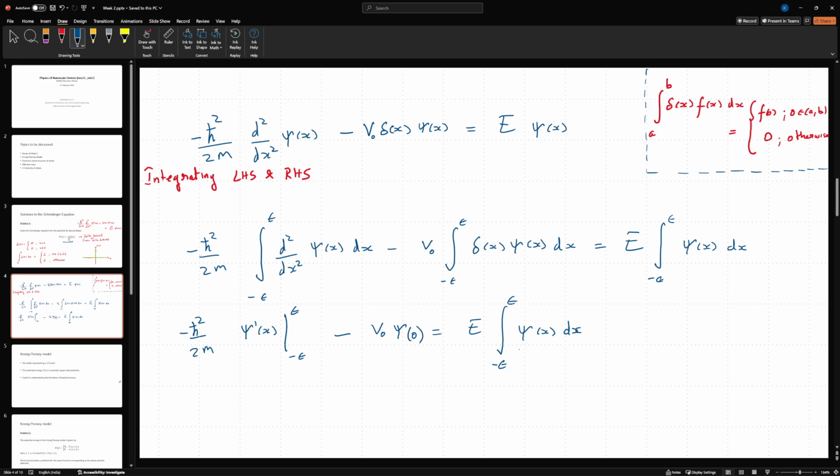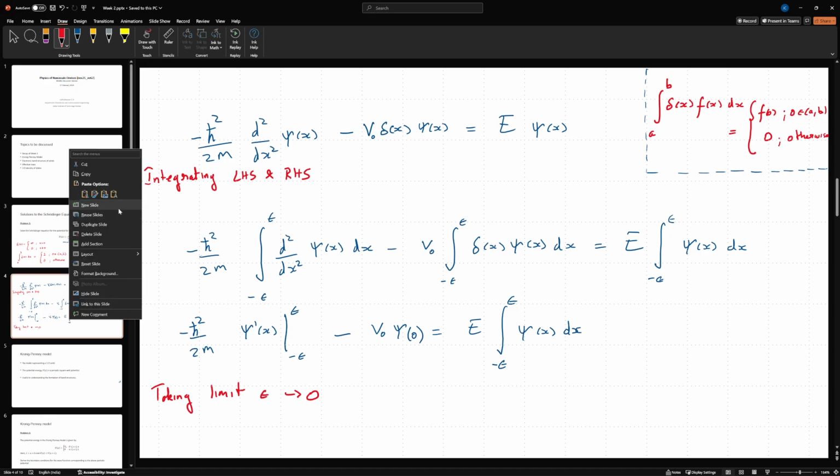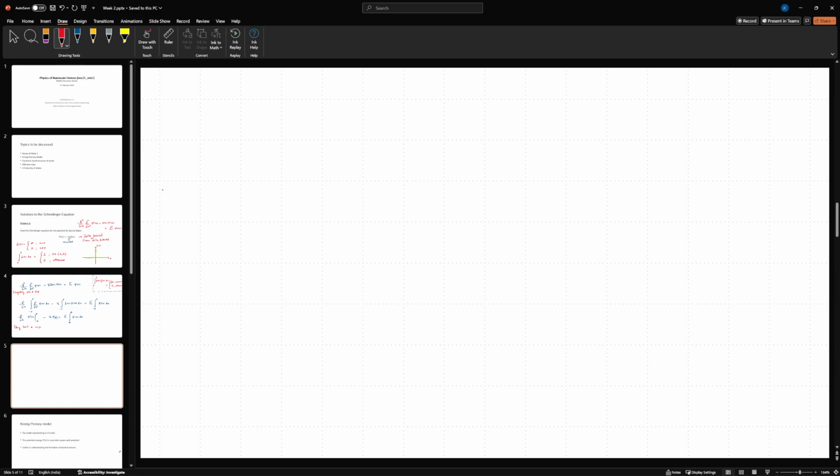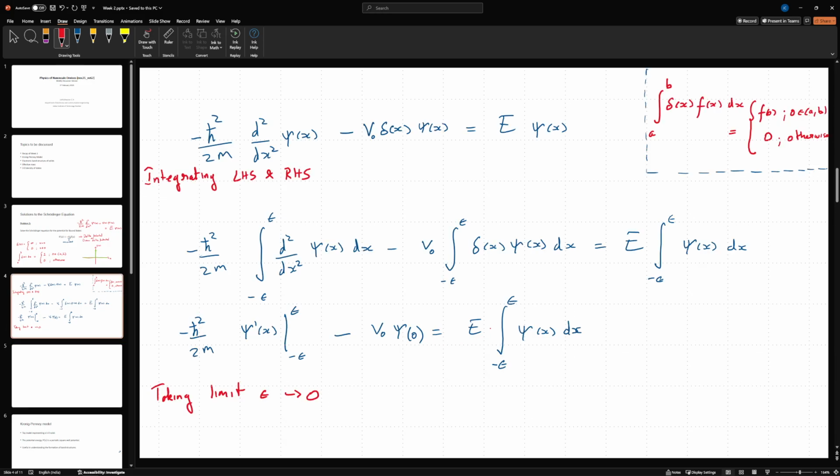So if I take the limit epsilon tending to 0, this integral will actually tend to 0, because my limits of integration are coming closer and closer.